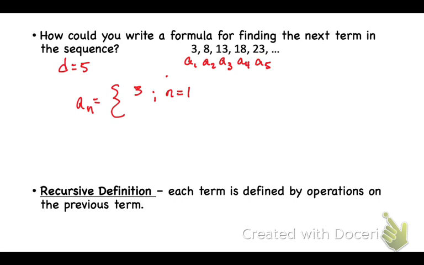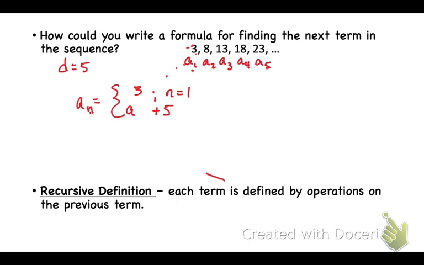When I plugged in, if n was 1, I get 3. How do I get to the next one? 3 plus 5 gives 8. Now, but I need the term before it.